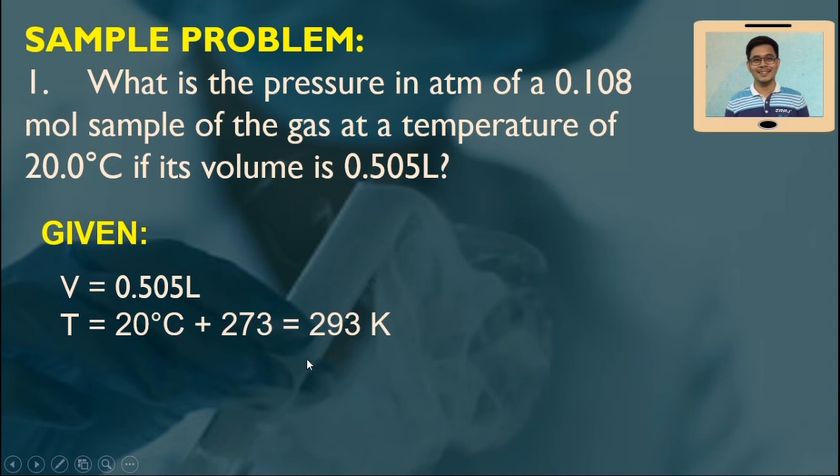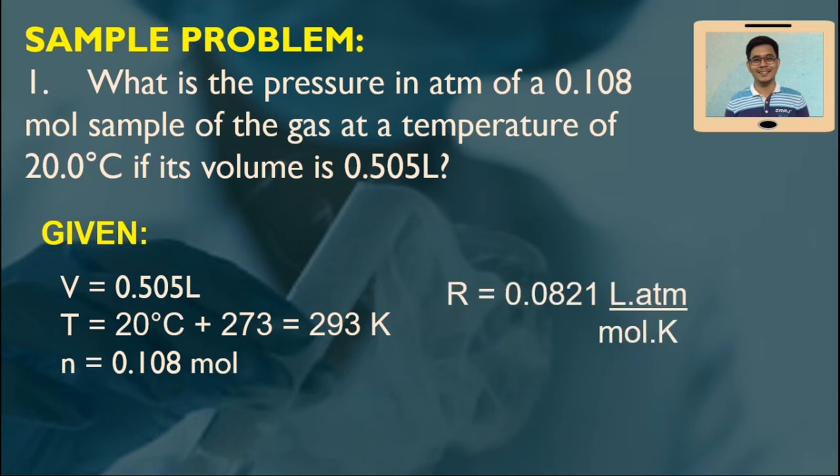So Celsius must be converted into Kelvin. So that's why you need to add 273 to this degree Celsius. And then 20 plus 273 will give you 293, the unit is Kelvin. And the amount of substance is equal to 0.108 mole.